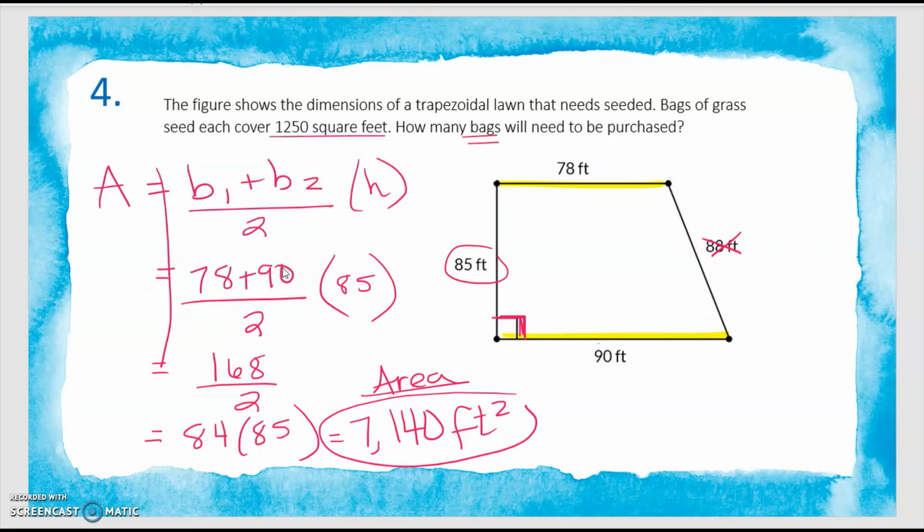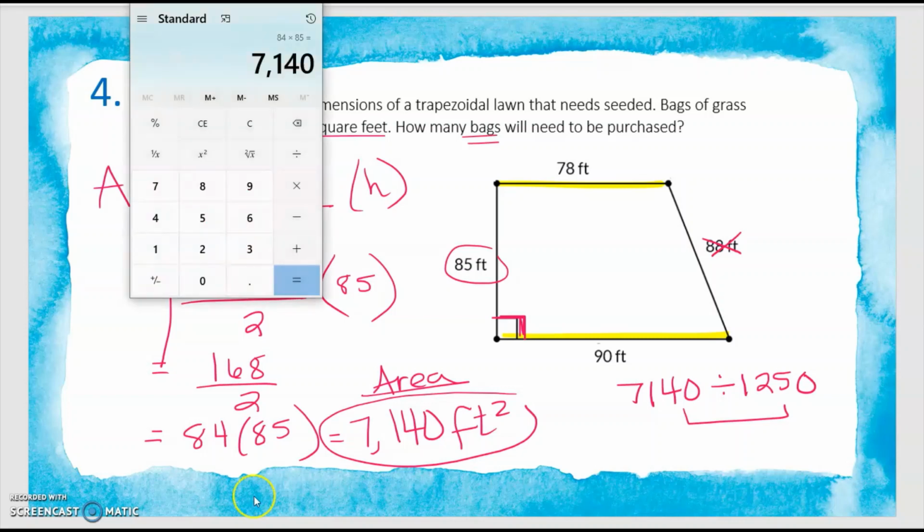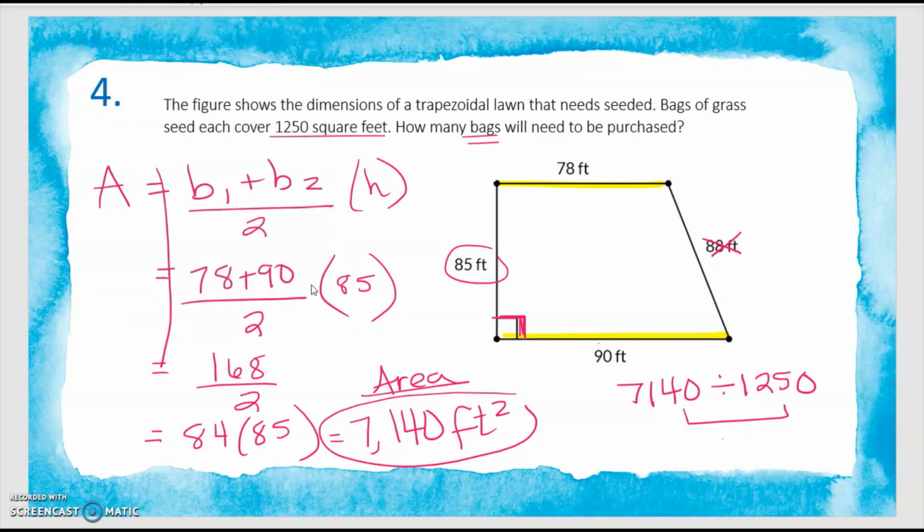I know that it's going to take 1,250 square feet for one bag. So what I'm going to do is take my whole area and divide it by the amount that covers in one bag. And that's going to give me how many bags I need. So take this, divide it by 1250, and that is 5.712.